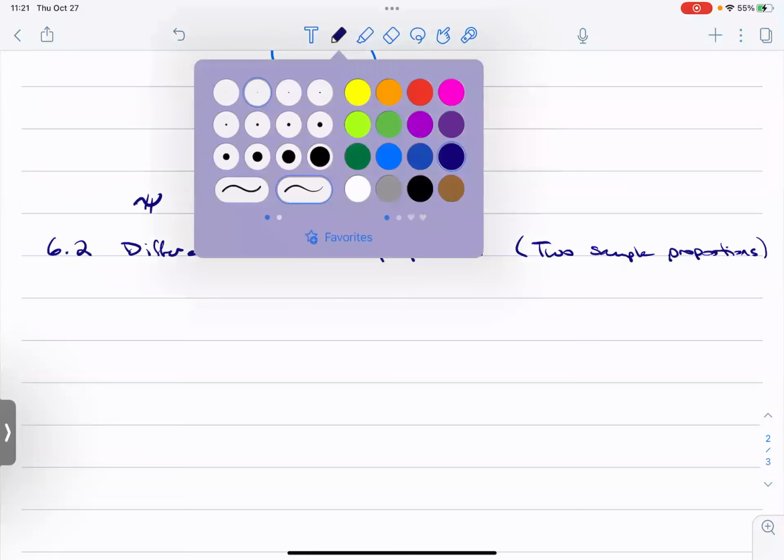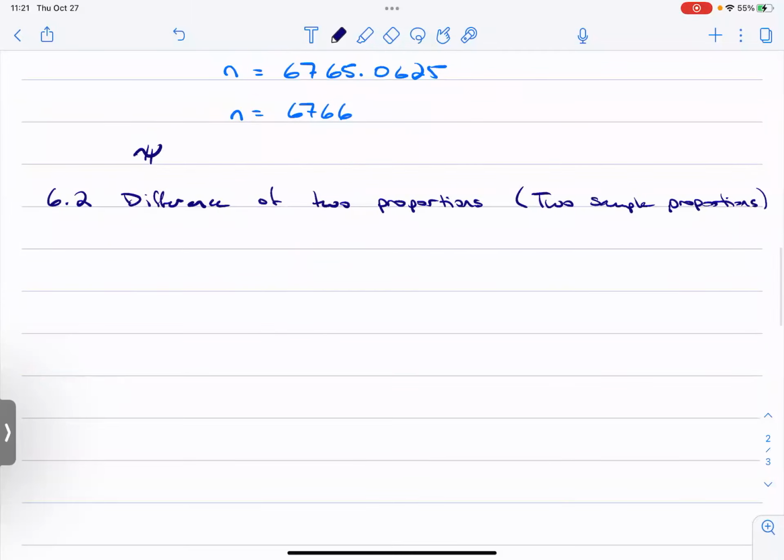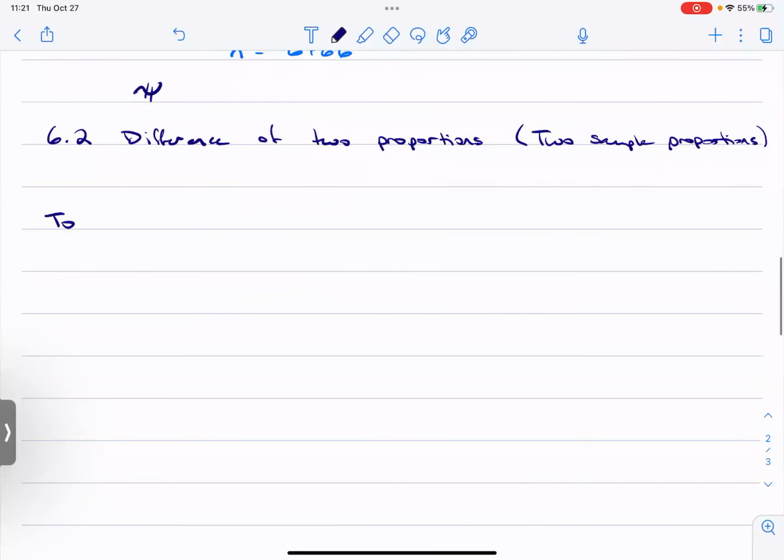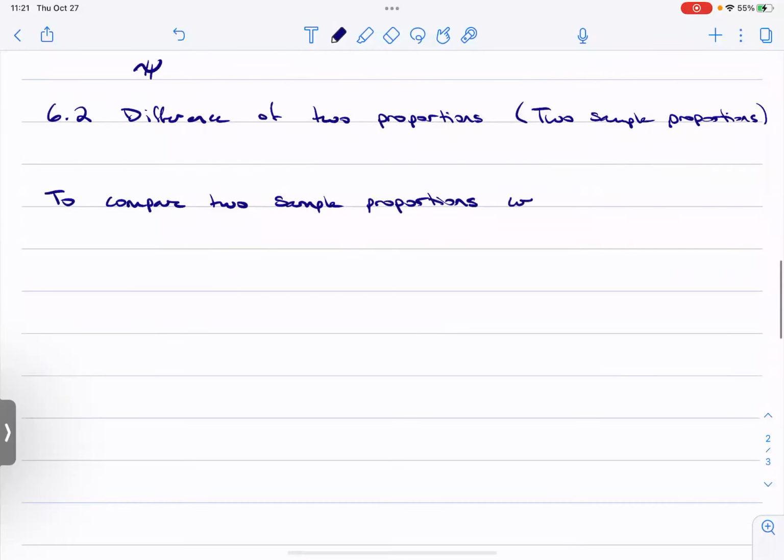So to compare two sample proportions, we consider the difference in the proportions, right?